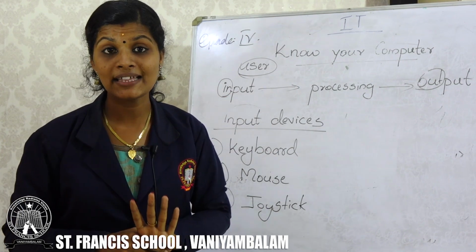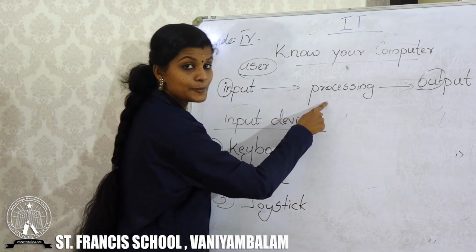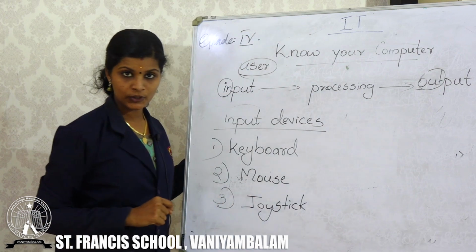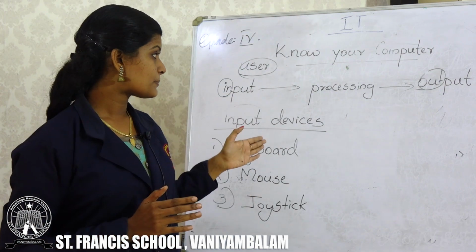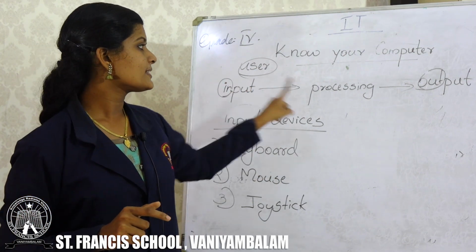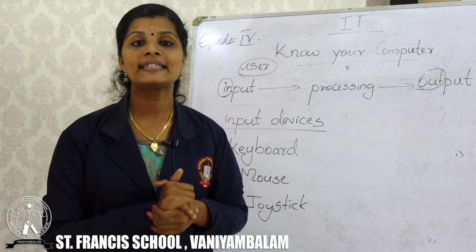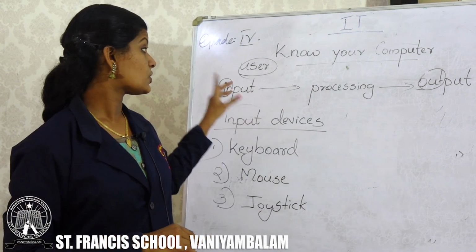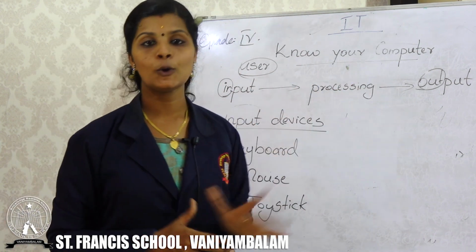In those 5 examples, you want to mention what is input, what is processing, and what is output. This is the work you want to do. Once again, write the chapter name, heading working of a computer, then write the 3 steps in this same way. Then you want to write 5 examples and also mention which is the input, processing, and output.